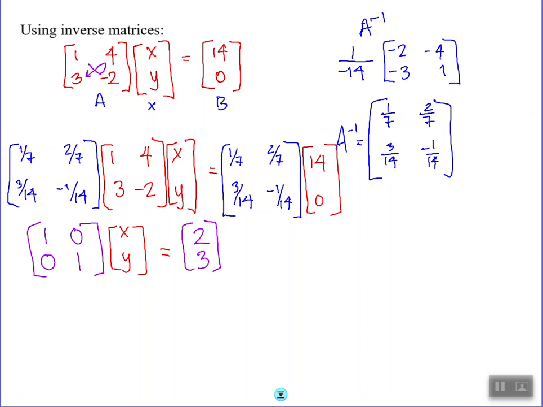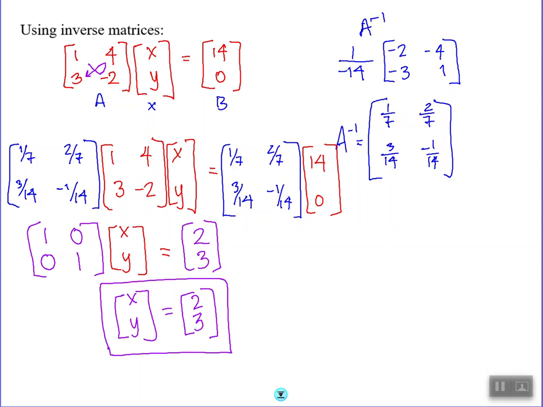So the identity matrix times x, y, you can either multiply those together, or since it's the identity matrix, you know that you are going to get x, y equals 2, 3. So this tells us that x will be 2 and y will be 3, and that will be the solution to our system.